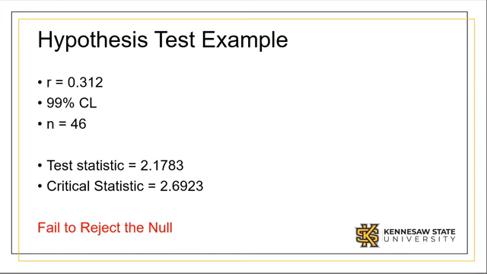This is with 44 degrees of freedom and an area in the tail of 0.005. Since the test statistic is not bigger than the critical statistic in magnitude, we fail to reject the null. There is not a linear relationship present. Even though the correlation is clearly different from 0, statistically speaking, it is not significantly different from 0.